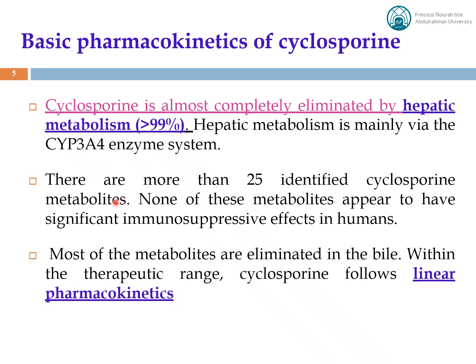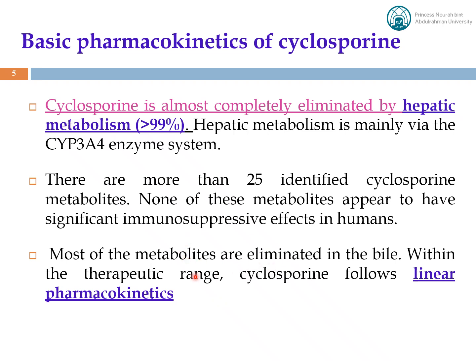There are more than 25 identified cyclosporin metabolites. None of these metabolites appear to have significant immunosuppressive effects in humans; they are non-effective. Most of the metabolites are eliminated in the bile.